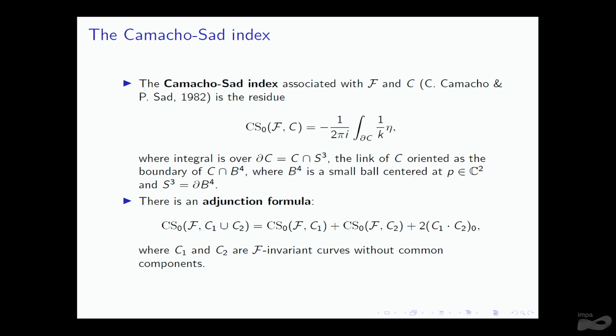It's well defined. We can also prove using this definition that there is an adjunction formula. The CS of a union of F-invariant curves without common branches is the CS of the first curve plus CS of the second curve plus 2 times the intersection number of these two curves.